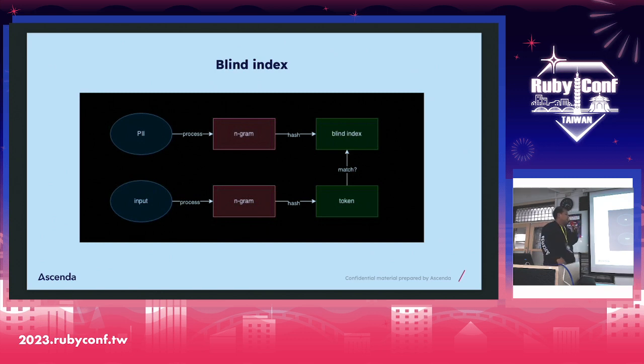So the input when people search will similarly be fed into n-gram tokens again, and then the token can be matched with the blind index in our DB to find the user.